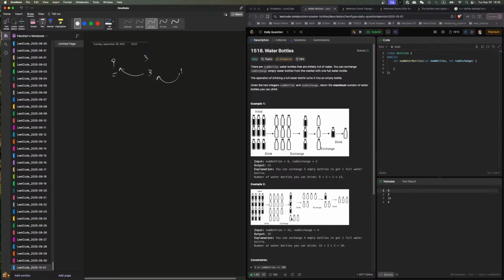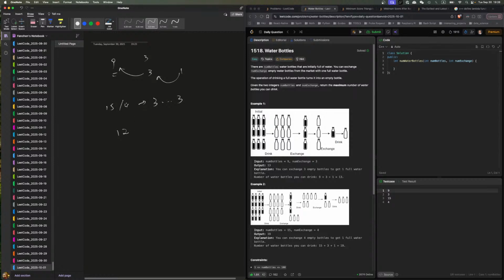Hold a second. I think it'll be easier in this category. We do 15 divided by 4. This one we get 3, remainder is 3. So in that case, basically, we're saying we will drink 12, right?